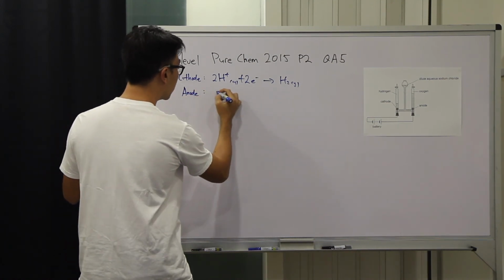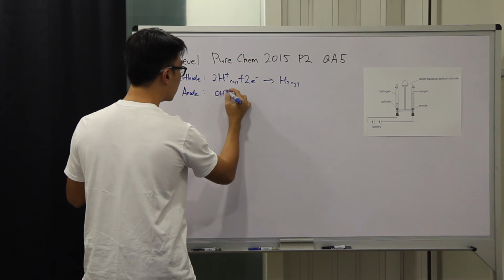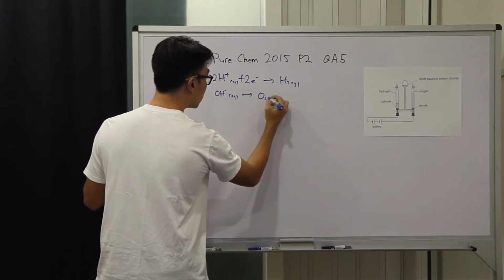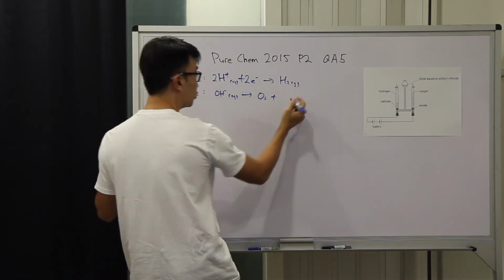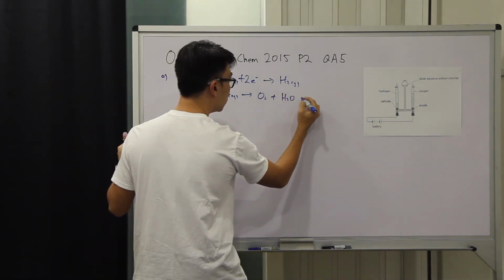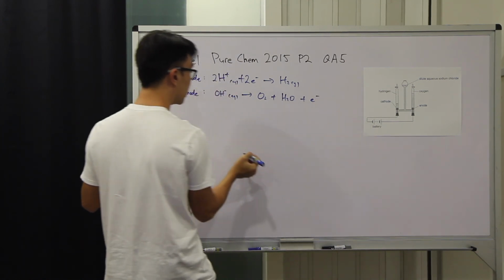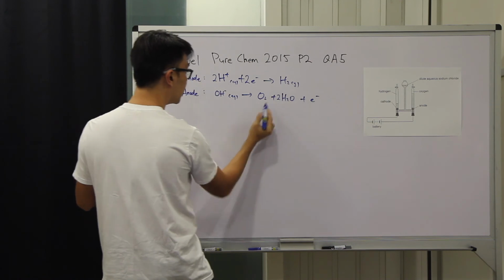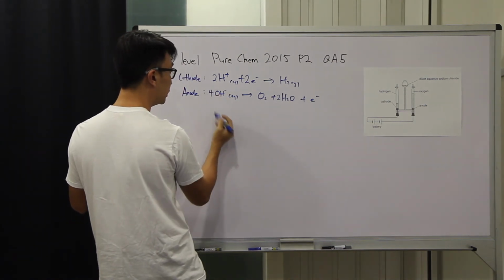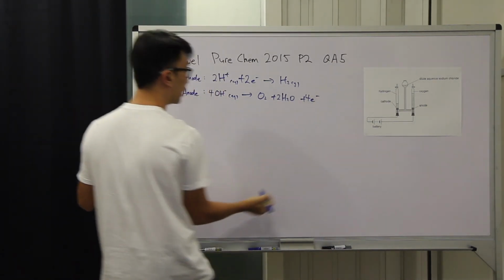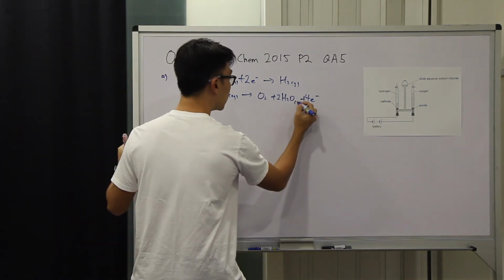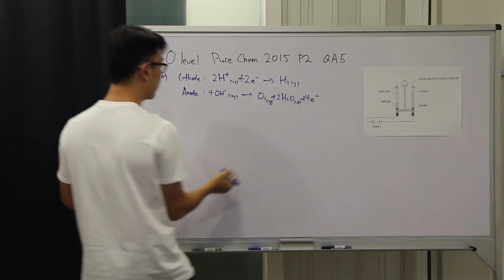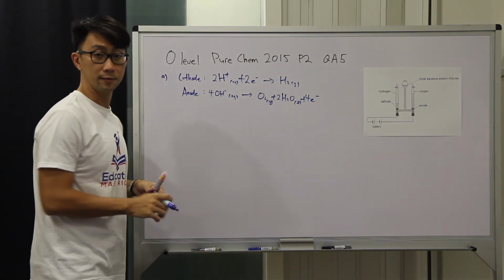At the anode, oxygen comes from the hydroxide ions, aq, that gives us our oxygen. And because we've got hydrogen, water is still being produced, and electrons. When we balance this, we'll need 2 of these, and that will make 4 of these, and this will give us 4 electrons. Water is liquid and oxygen is given off as gas. So this is for part A.